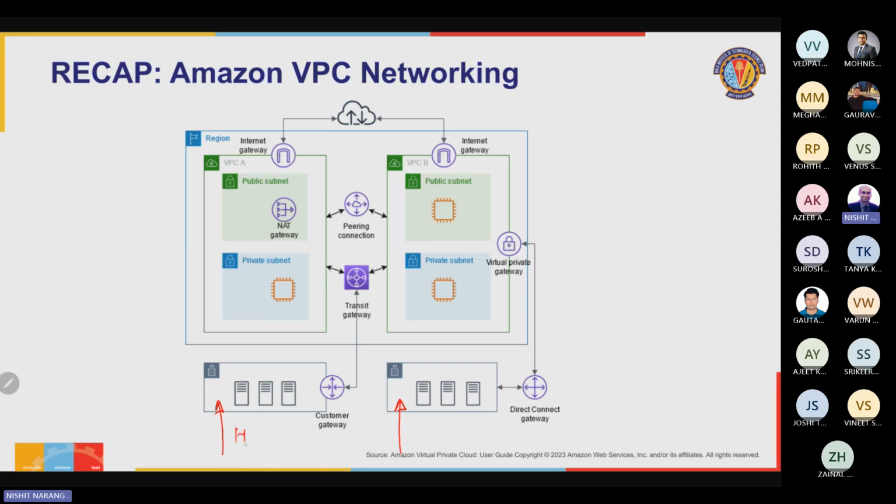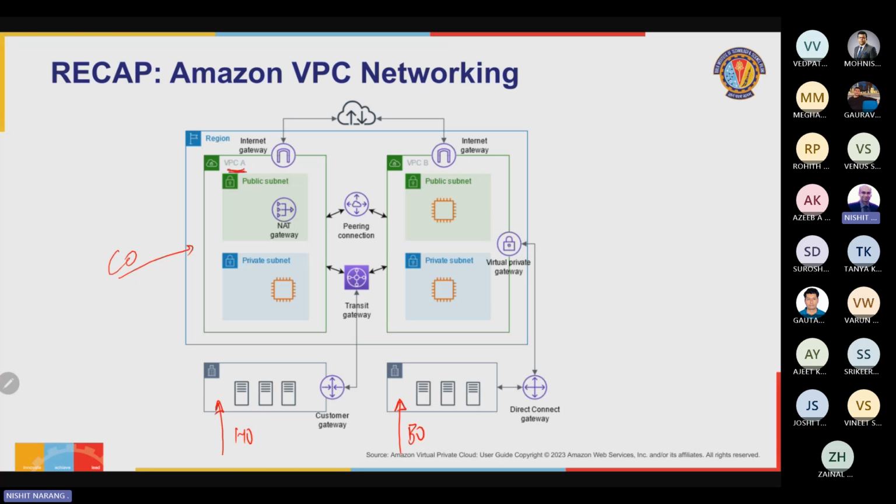Maybe this is your head office, this is your branch office. These are enterprise data centers that you have, and then this is your cloud office, kind of a thing: your services on the cloud, and the VPCs that you've created on the cloud.